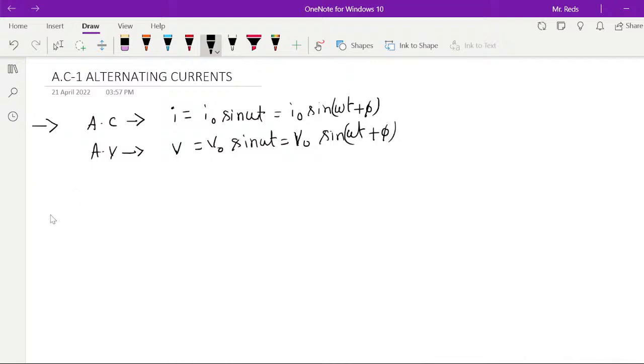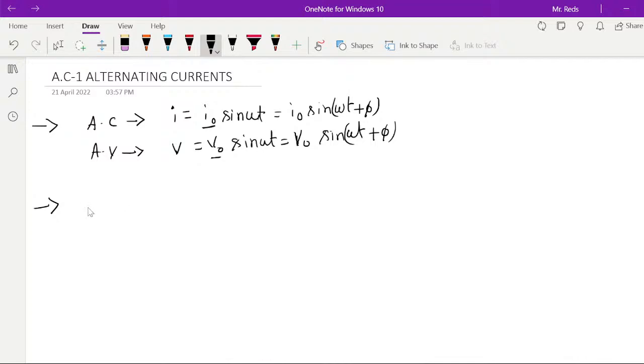We have discussed with different parameters. In the current expression I equal to I naught sin omega t, this term I naught is called the peak value of alternating current, and here V naught is called the peak value of alternating voltage, peak value or maximum value or amplitude.